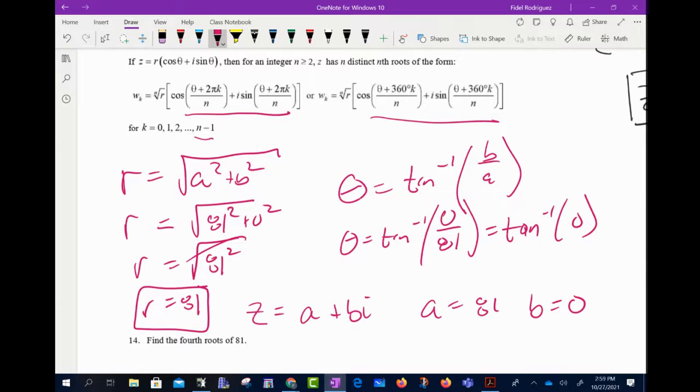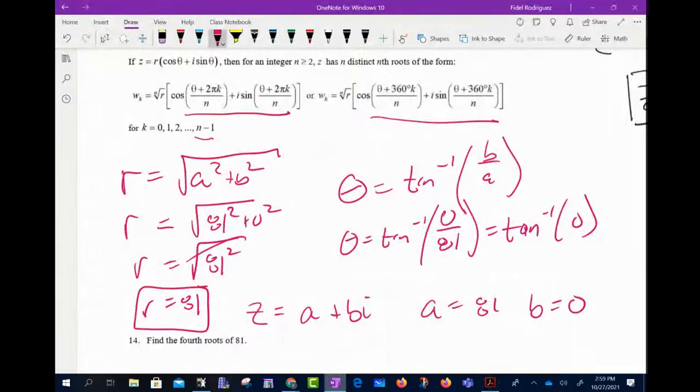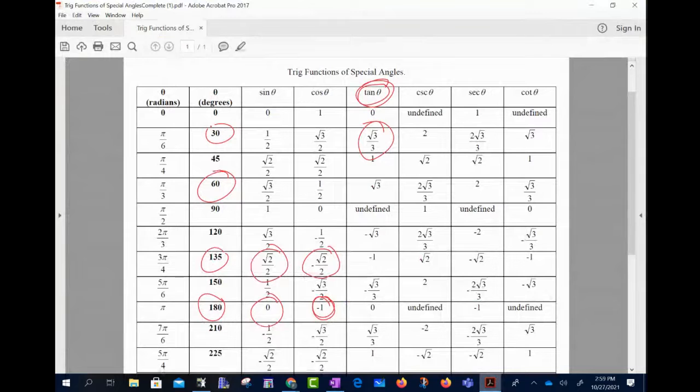Okay, I'm going to pull up my chart again. Here it is. I'm sorry, but it's 81 squared, right? When I pull up my angle, what angle are we looking at? When is the tangent equal to 0? At 0 degrees, right?